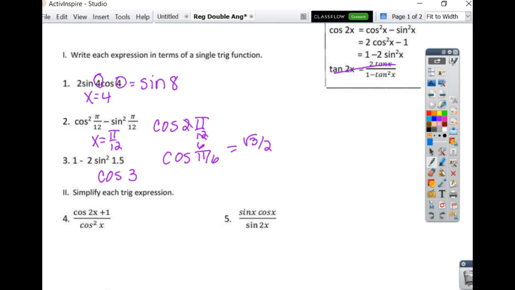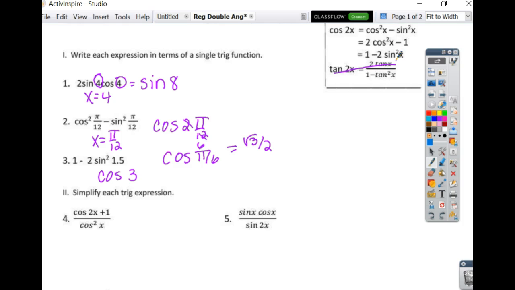So now I want to simplify the expression, which means we're going to get it down to one term. So for the cosine of 2x, I have 3 options, right? You can do it through trial and error, but look, what's on the bottom? Cosine of 2x. Is there one of these that has a cosine squared?